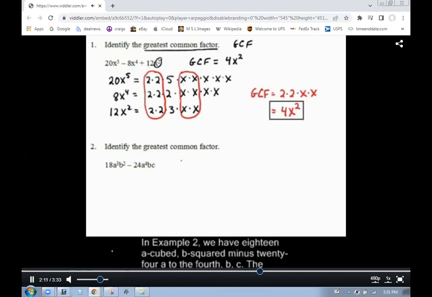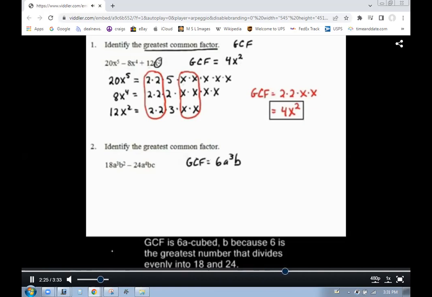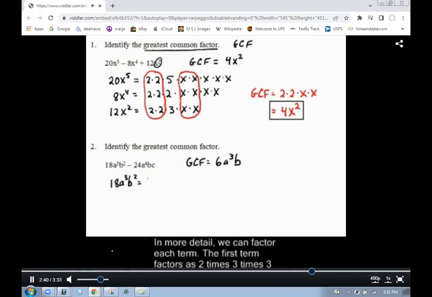In example 2, we have 18a to the third b squared minus 24a to the fourth bc. The GCF is 6a cubed b because 6 is the greatest number that divides evenly into 18 and 24. Furthermore, each term has up to 3 factors of a and 1 factor of b. In more detail, we can factor each term. The first term factors as 2 times 3 times 3 times a cubed b squared.